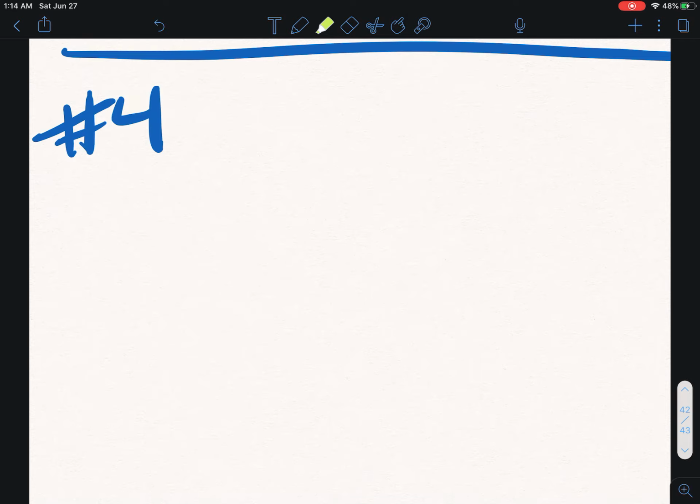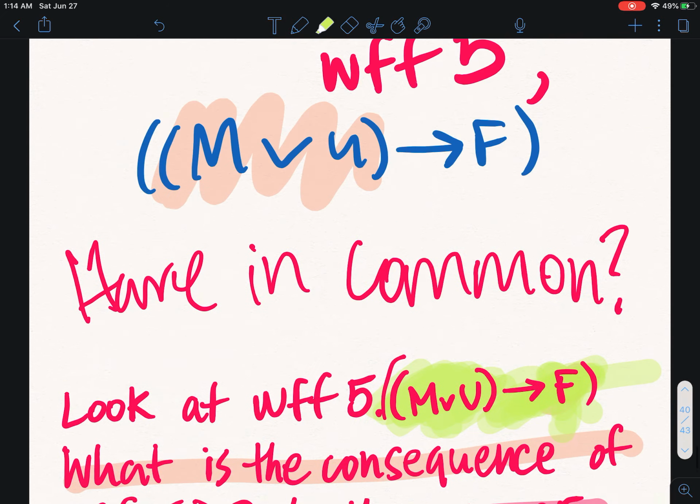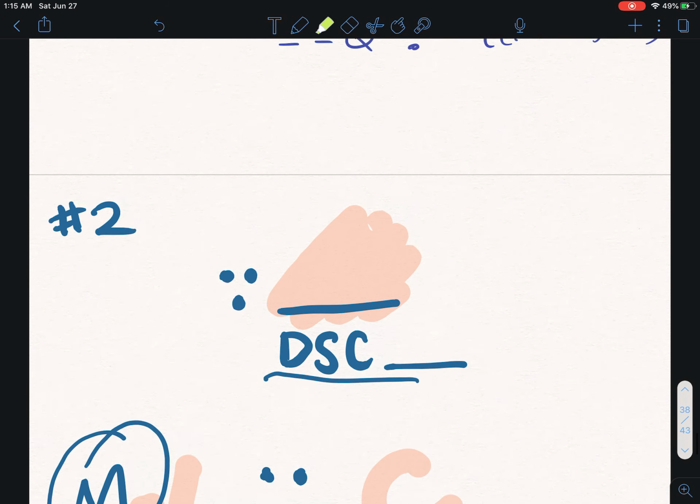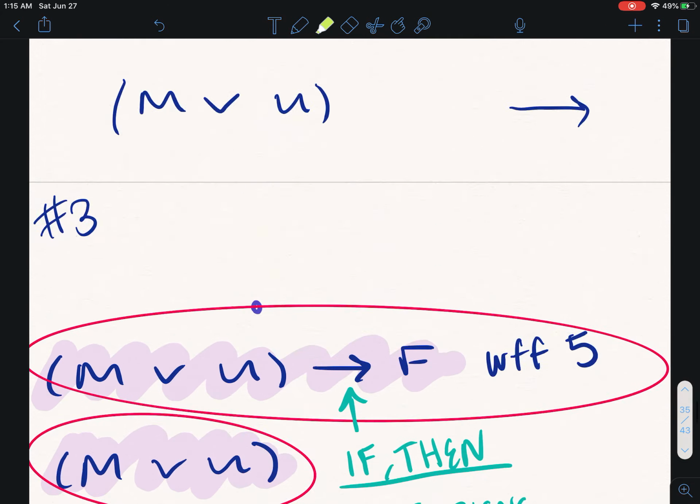So the way you found number 1 was by looking at the consequences of DSCN. And now I'm just rephrasing question 4. So you used a consequence from wolf 3.